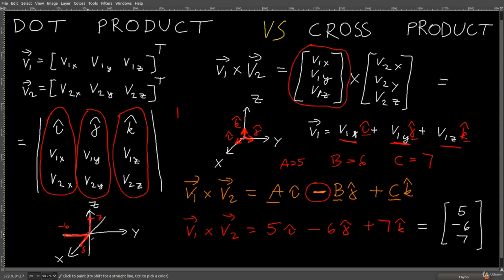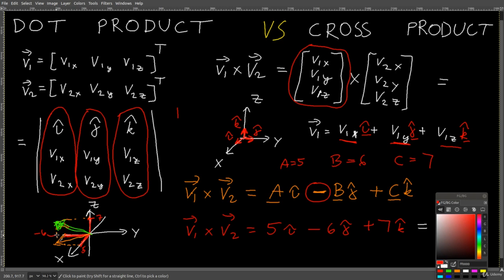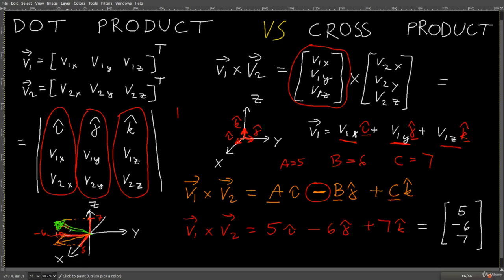And so you have 5 in the x direction, minus 6 in the y direction, and 7 in the z direction. And then the vector itself would look something like this green arrow that is composed of those 3 components. And minus 6 was this one here for the y component. So this green vector here would be your v1 cross v2, all right?